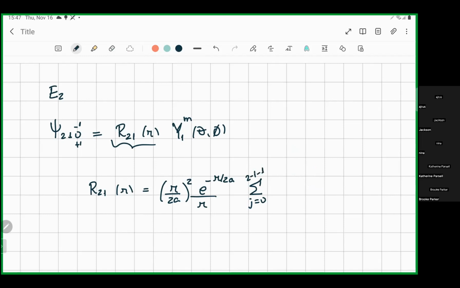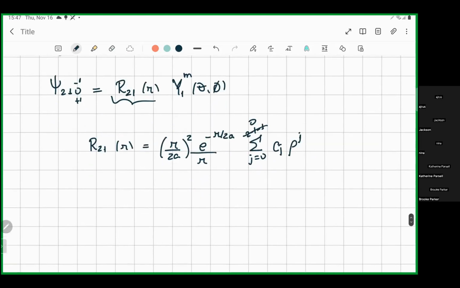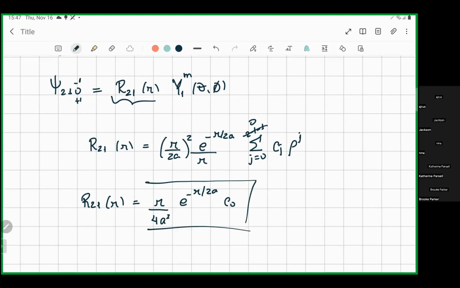Well, the sum goes up to 0 of Cj rho to the j. So you see that R to 1. The R squared will cancel the top here. So I have just R in the top, and then 4a squared, exponential, and then, well, the sum is just the C0. So that's it. So we are done with this function.